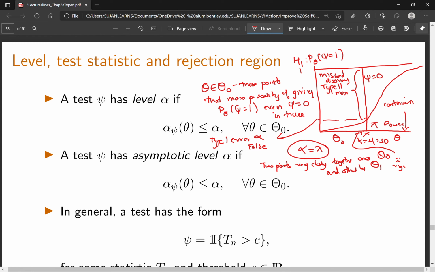That's why there is asymmetry between null hypothesis and alternate hypothesis. Null hypothesis is related to type 1 error, while alternate hypothesis is related to type 2 error.